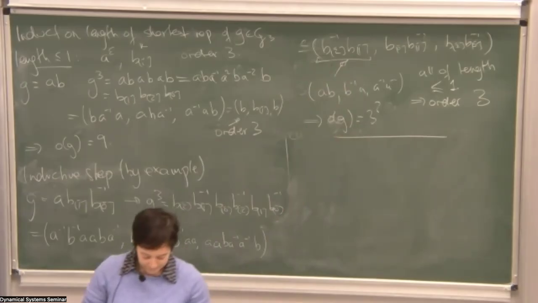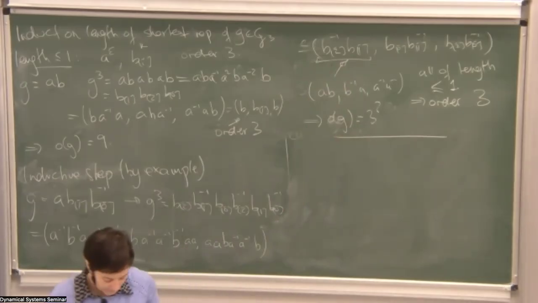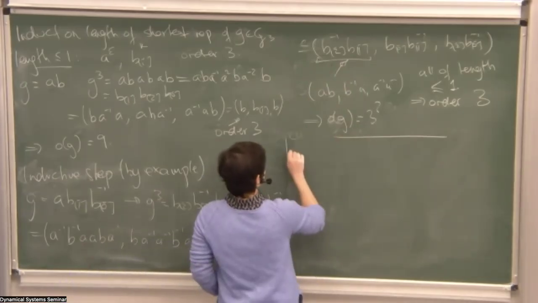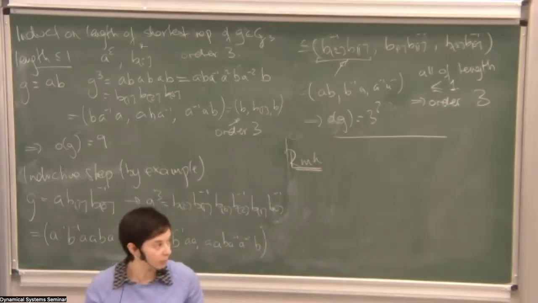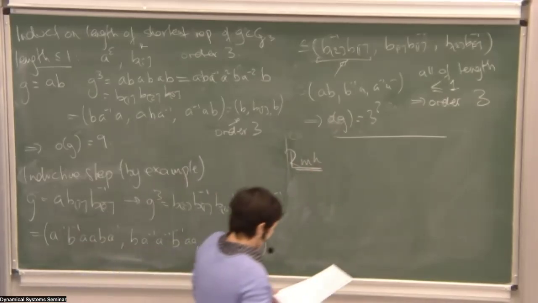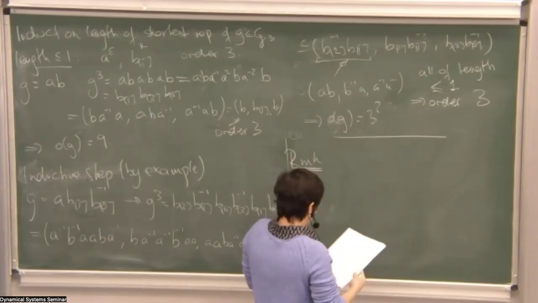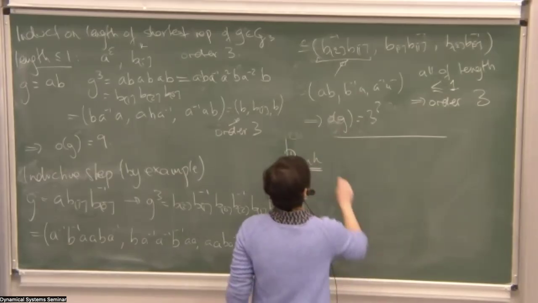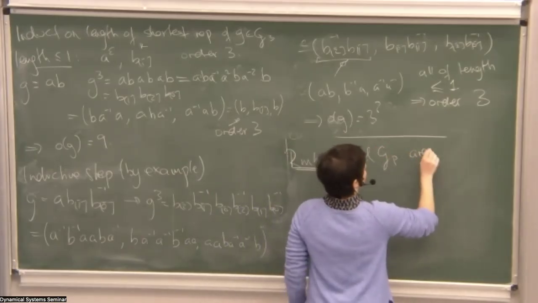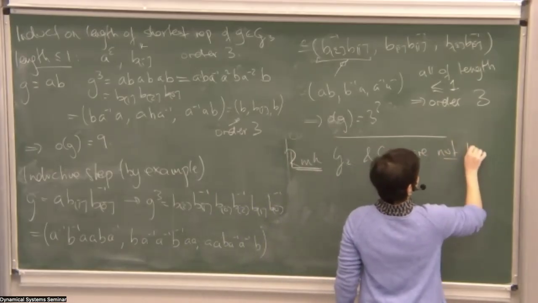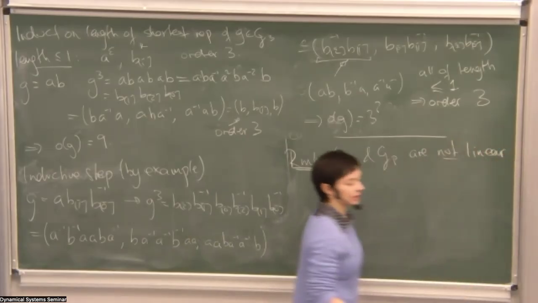Okie doke. I'll finish before the break with some remarks. G2 and these GPs are not linear groups.